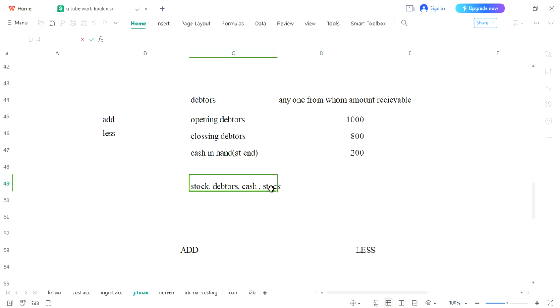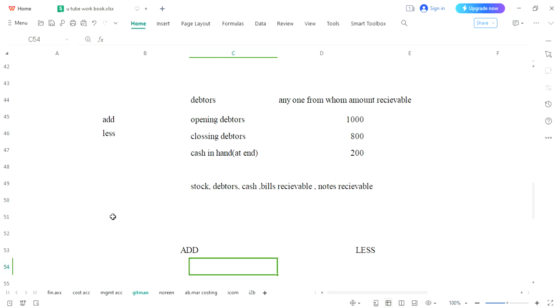So there are several other current assets, but usually these items we use: debtors, bill receivable, stock, and cash in hand.